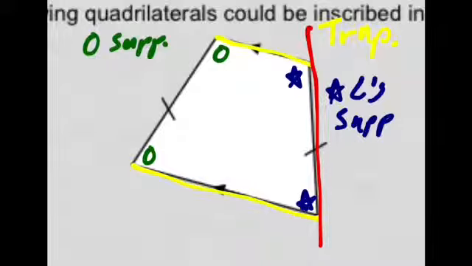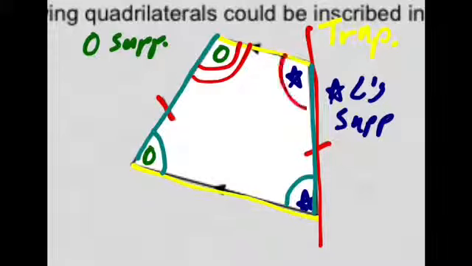Now, the other thing about this is that I've got these two tick marks, which means that this side is congruent to that side, which means this angle is congruent to that angle, and this angle is congruent to that angle. Alright, so I know all this stuff about these angles. I know that these two guys are supplementary, but I know that these two guys are congruent. Same thing here, these two guys are congruent.